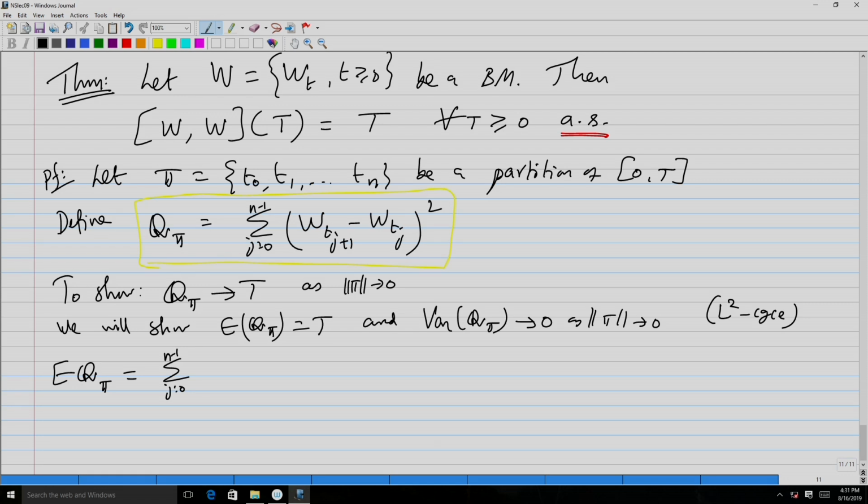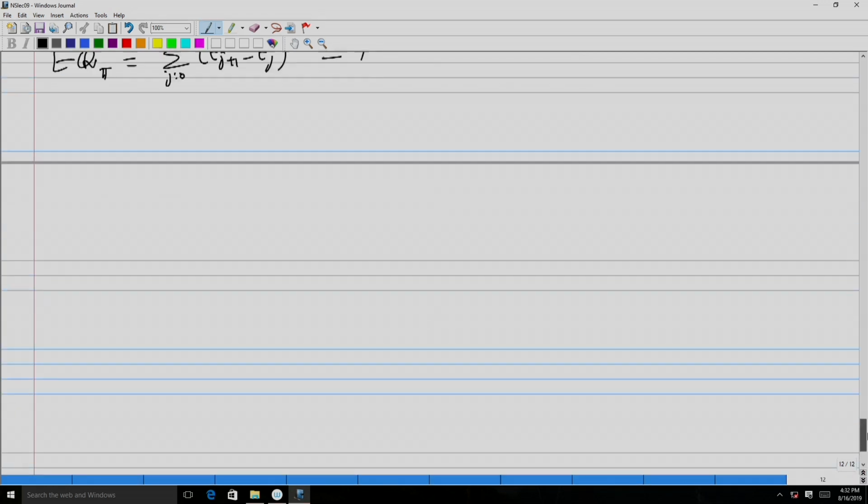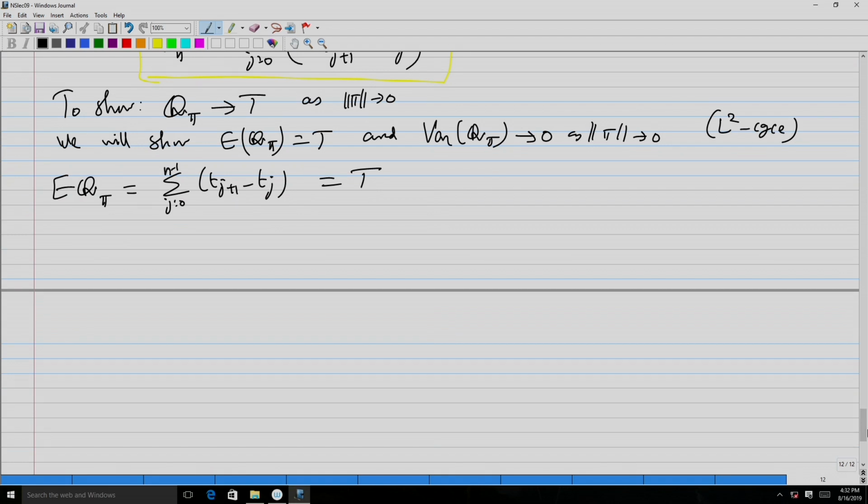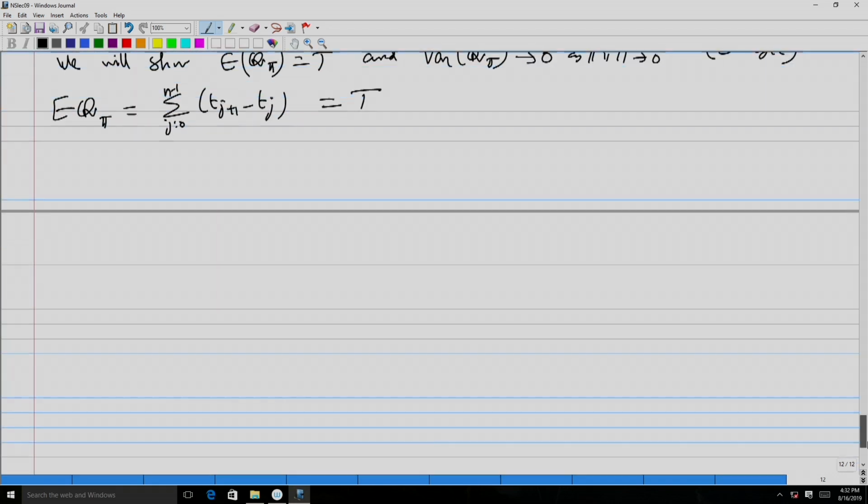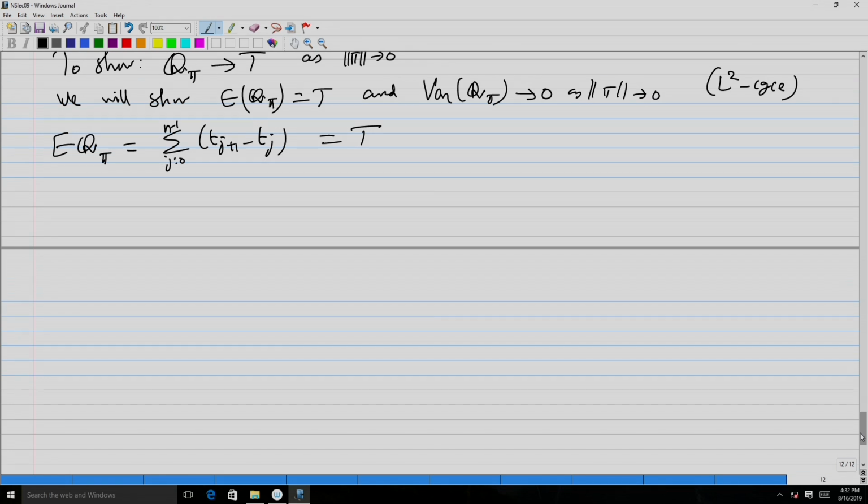So, the expectation of Q is simply the expectation of this, which is the variance of the increment, which is t_{j+1} minus t_j, given by the length of the interval, and if you sum you will get t quickly. So, there is nothing great or complex to show that this part is true.